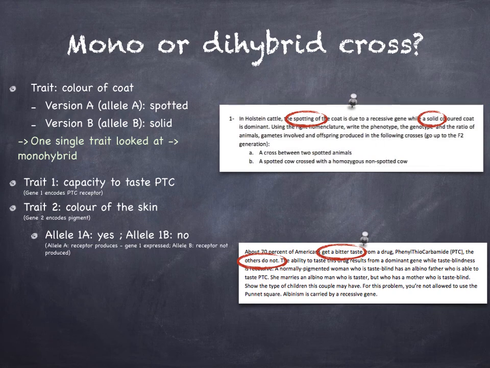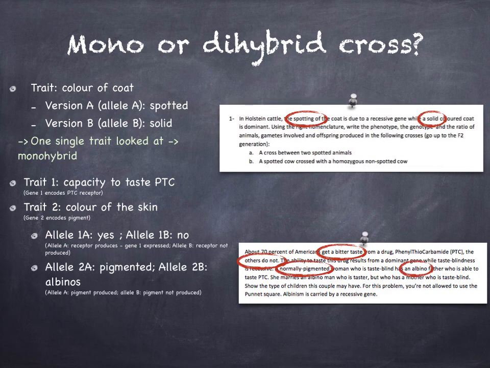In the case of the capacity to taste PTC, the gene has two different alleles. One encodes for the capacity, so in fact the presence of a receptor, while the other version, or the other allele, doesn't encode a functional receptor, so it is a condition where you cannot taste the PTC drug.